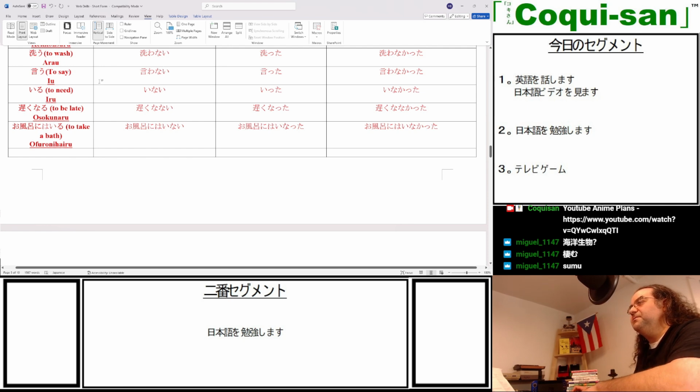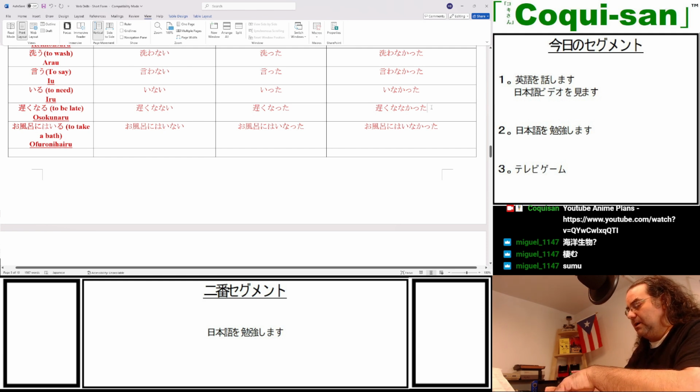But these are the five verbs for the week. Arau, to wash. Awanai, atta, arata, arawanakatta. Iu, to say. Iwanai, itta, iwanakatta. Iru, to need. Inai, ita, inakata. Osoku naru, to be late. Osoku nanai, osoku natta, osoku nanakata. Might be wrong.